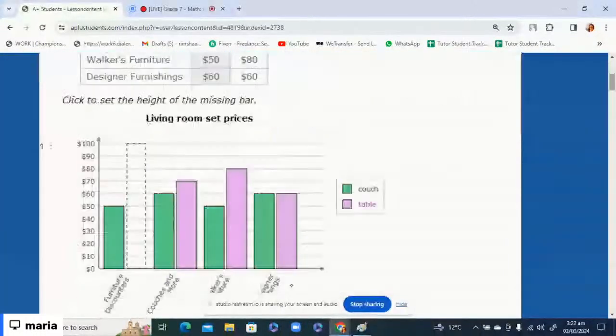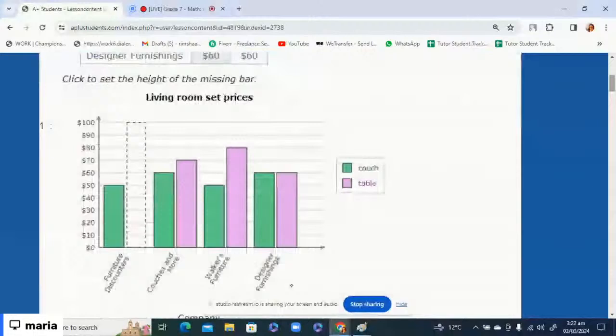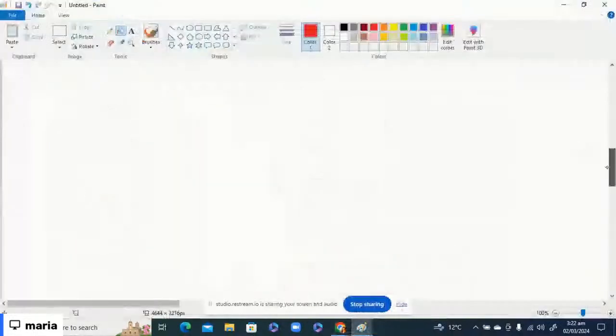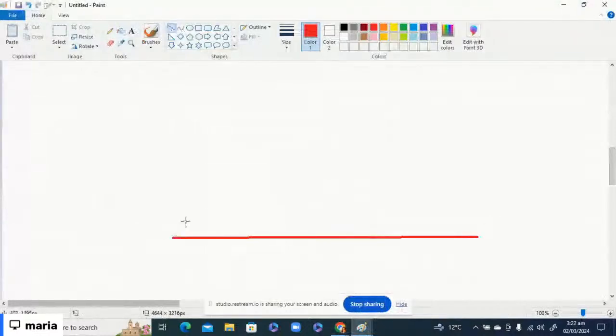So how can we write this? First, what is your x-axis and what is your y-axis? Look here: this one is your x-axis and this one is your y-axis.